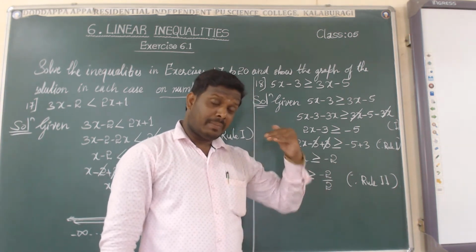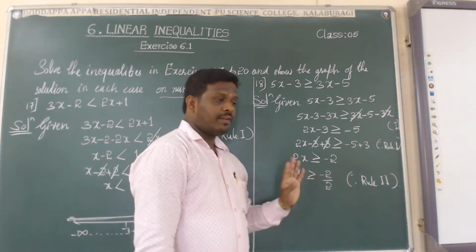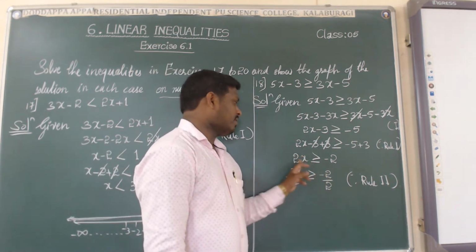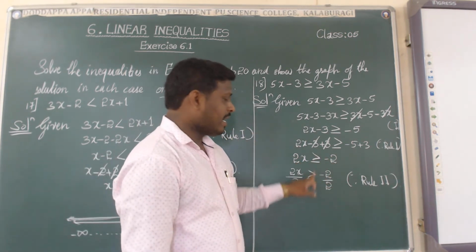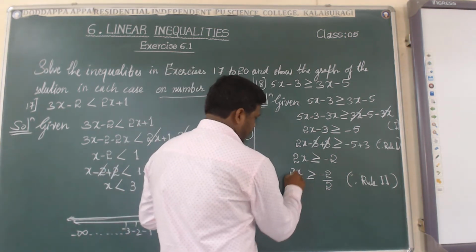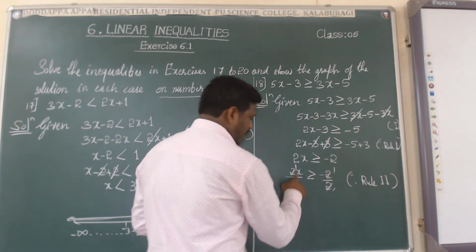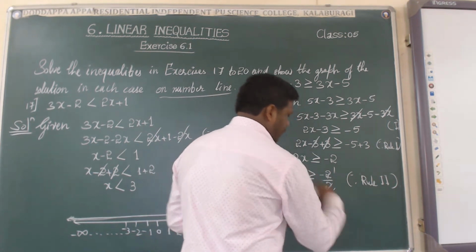But when we multiply or divide by a negative value, then the sign will be reversed. Here the sign will not reverse because I am going to divide this statement by a positive 2. That's why the sign will be as usual. Now simplify. 2 and 2 get cancelled, and 2 and 2 get cancelled here. So x is left, and here minus 1 is left.